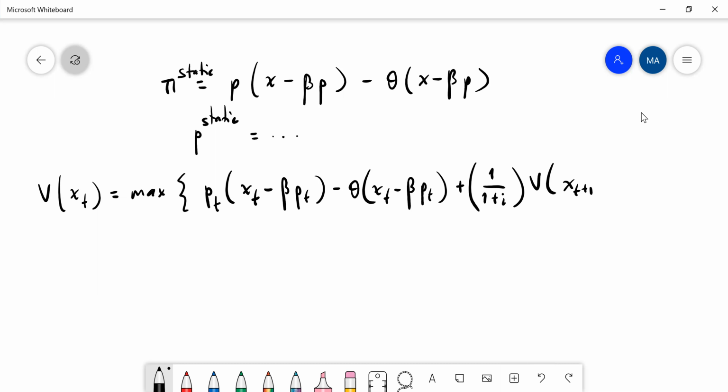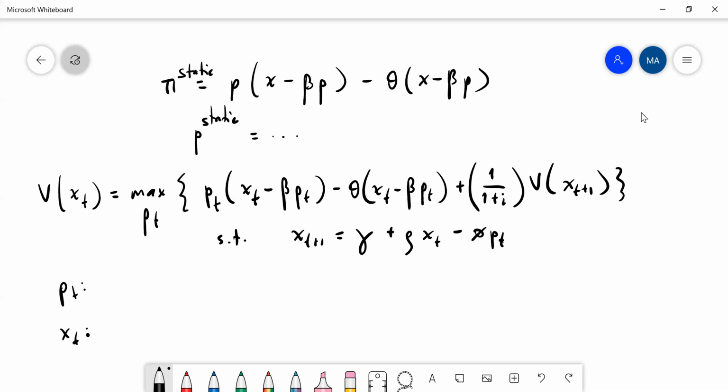And continuation value will depend on X. Obviously, you are choosing price, and this is subject to xt plus 1 equals gamma rho xt minus phi pt, right? So P is your control, X is your state. So for the control, you have the derivative. So it is what? Minus 2 beta P, right?